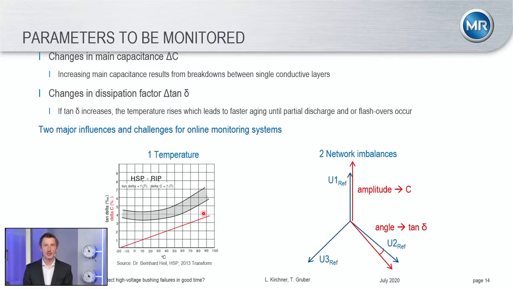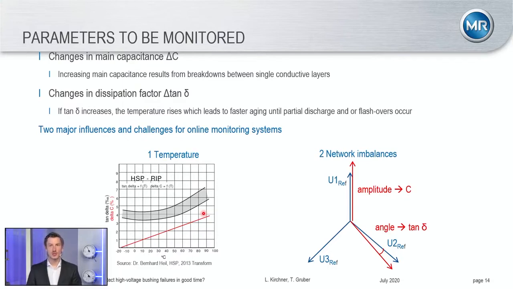And the other major parameter that you have to take into account is the network imbalances. There are network imbalances allowed in the network, but if you do not have the reference voltages as a source, they will directly interfere with the bushing monitoring, as the change in the amplitude will also have a direct change in the capacitance.